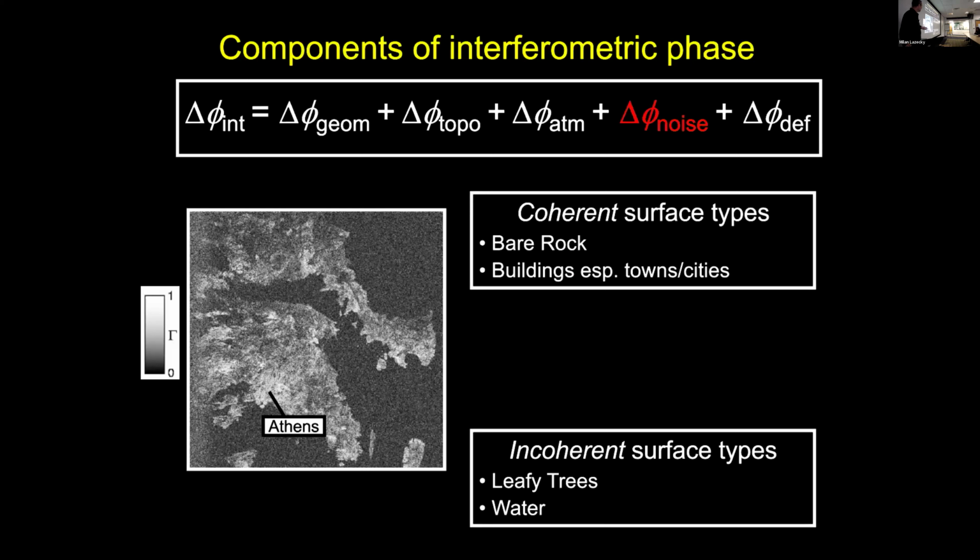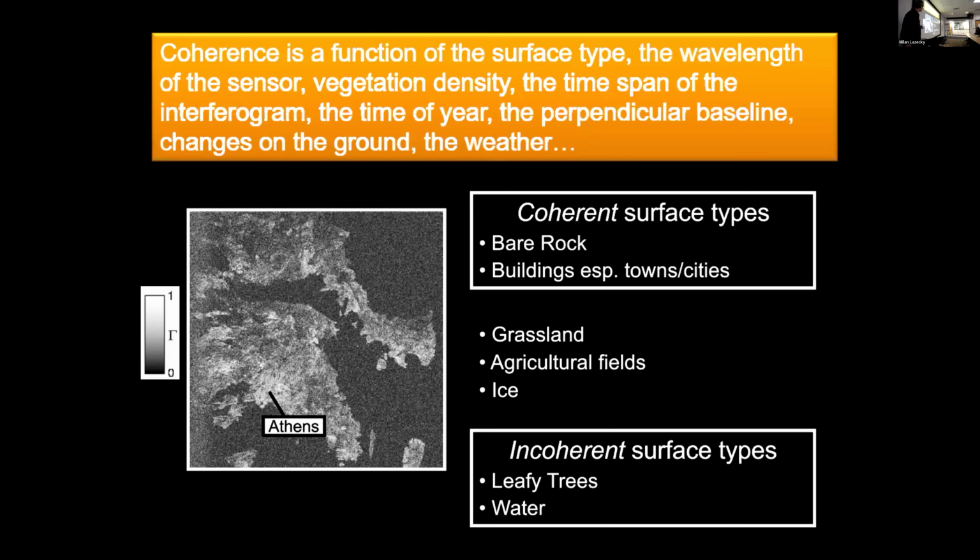Leafy trees are particularly bad at C-band, though they can be okay at longer wavelengths. There are things like ice, agricultural fields, grassland, which might be coherent for a short period of time, but not for a long period of time. So they have a kind of temporally varying coherence.